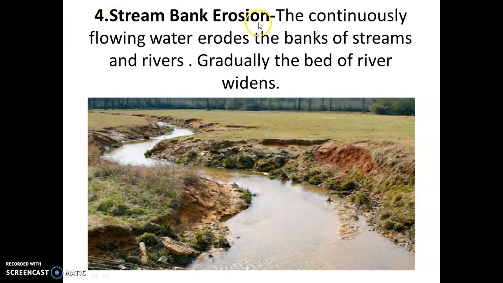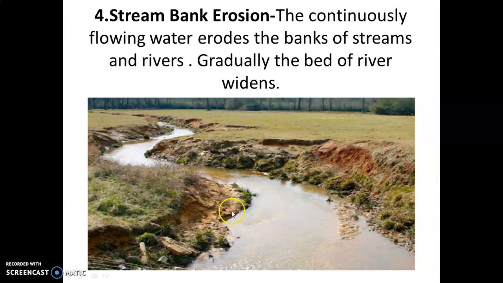Next is stream bank erosion. Stream word means the smaller part of the river. Now see, this image depicts the natural course of the river. If the water level rises in the river due to heavy rainfall and due to the melting of snow, then what will happen? Yes, the water hits against the banks of the river.